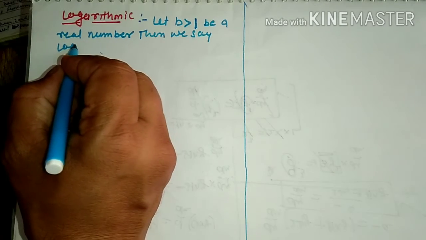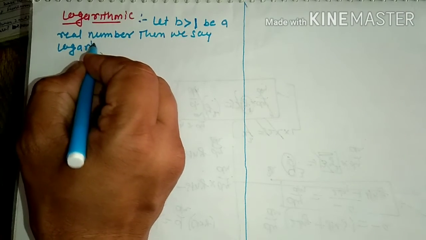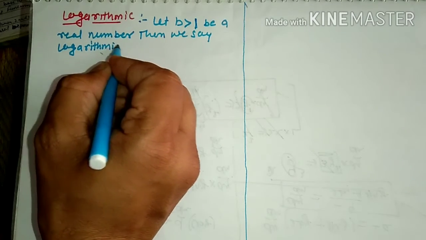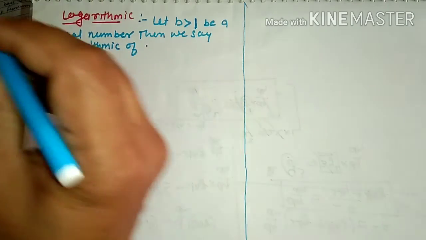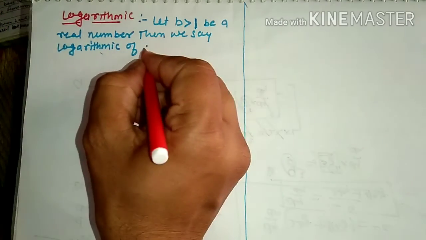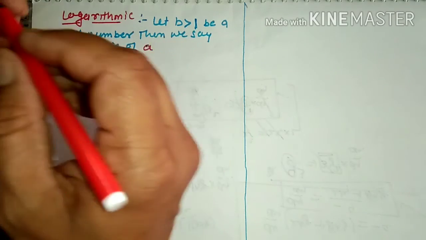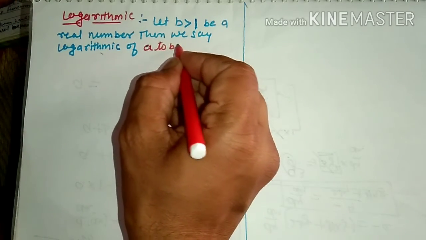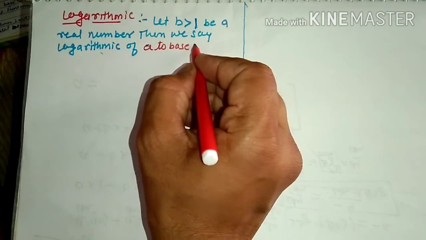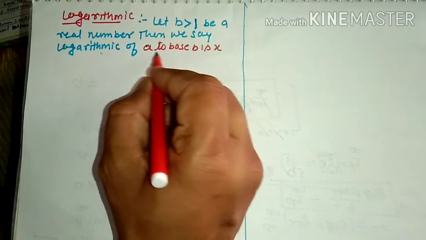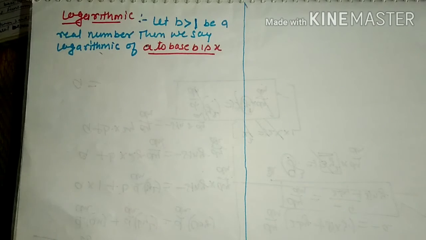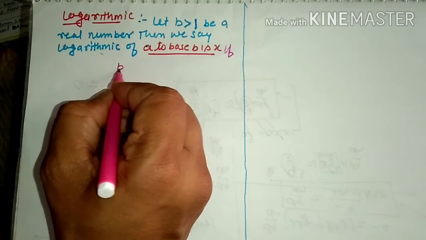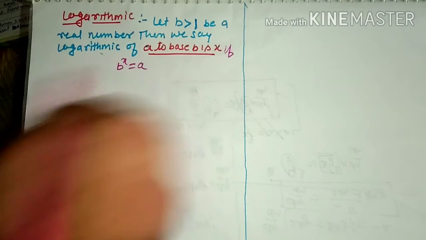logarithm of a to base b is x, if b to the power x is equal to a.